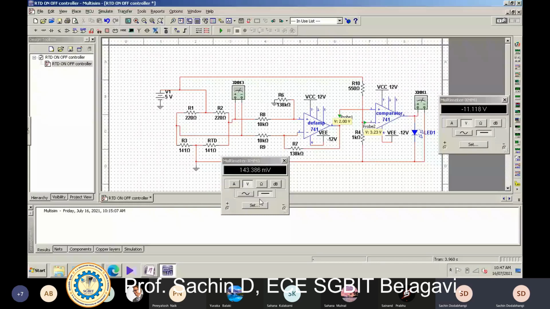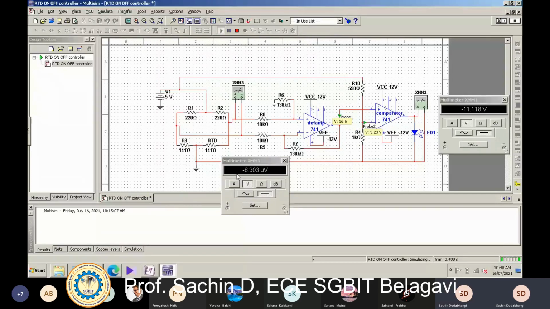I'll turn it on. Yes, you can see it now.